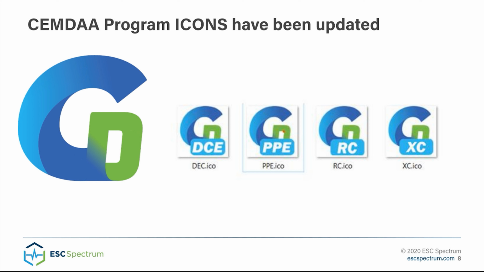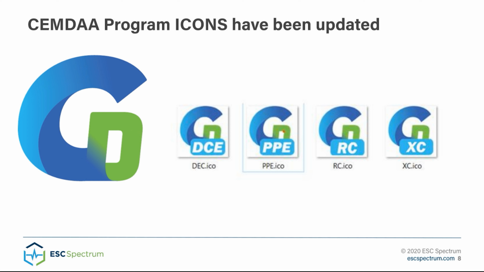The other update, minus the typo, forgive me, is the icons associated with CEMDAS. Typically, when CEMDAS is running, the user sees the three icons down below. They are traditionally noted by a C, D, and a P. As per our new merger, we're utilizing the color scheme for ESC Spectrum.